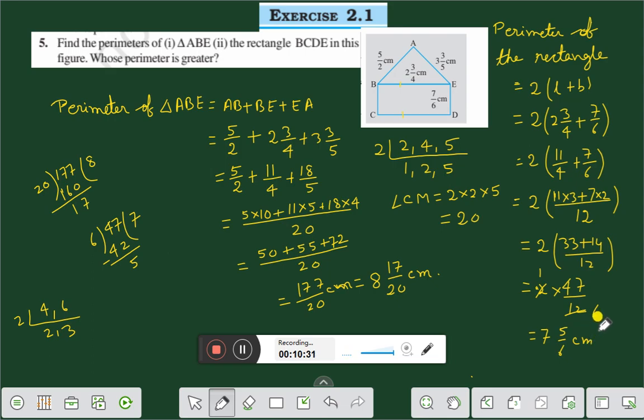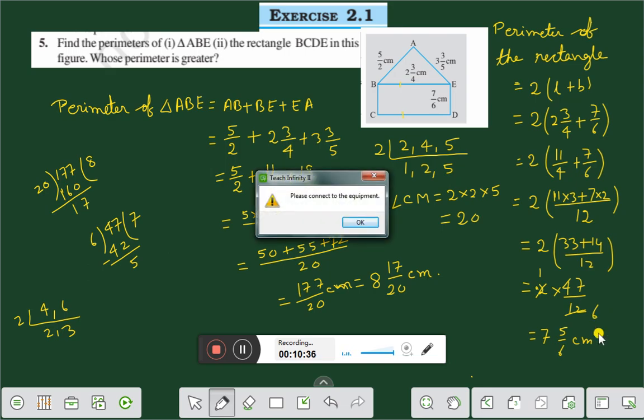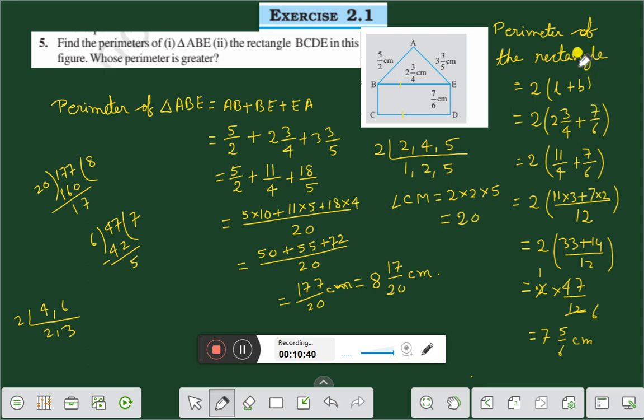Now, if we compare the perimeter of the triangle ABE and the perimeter of the rectangle BCDE. The name of the rectangle is BCDE.